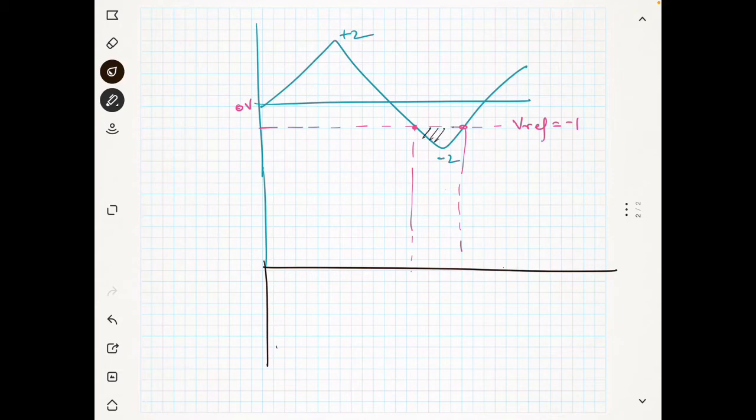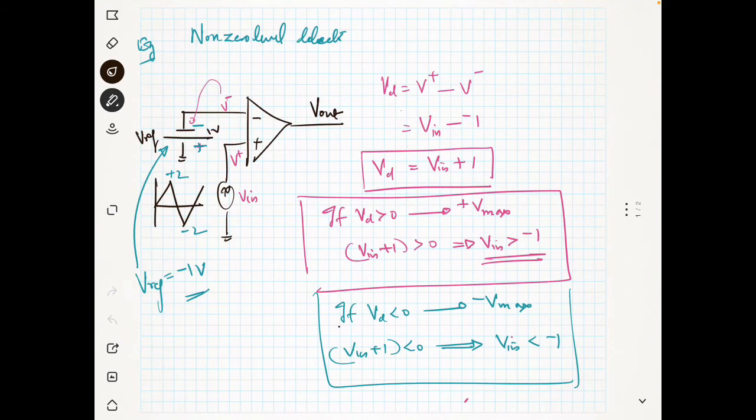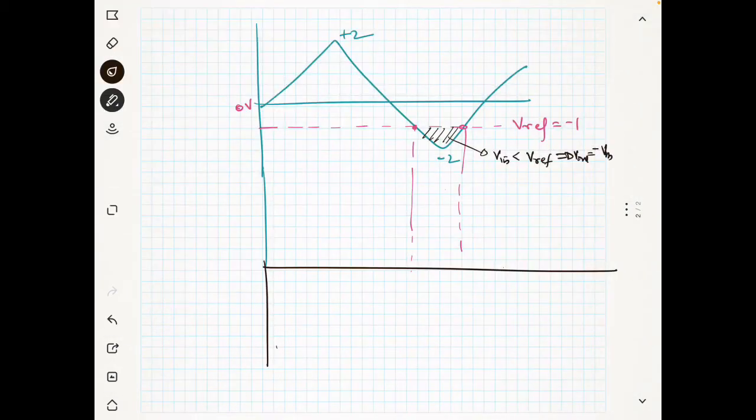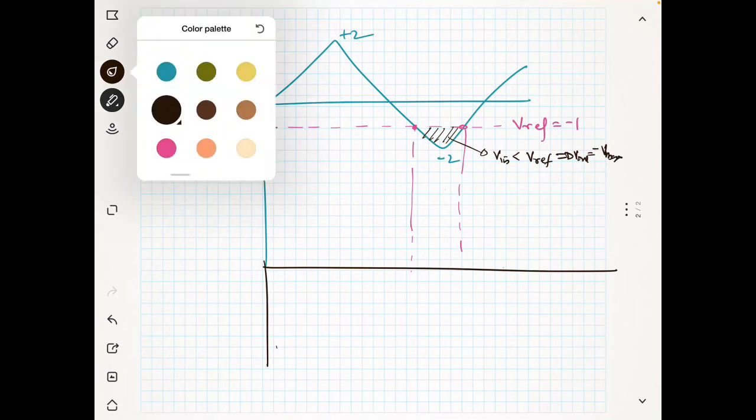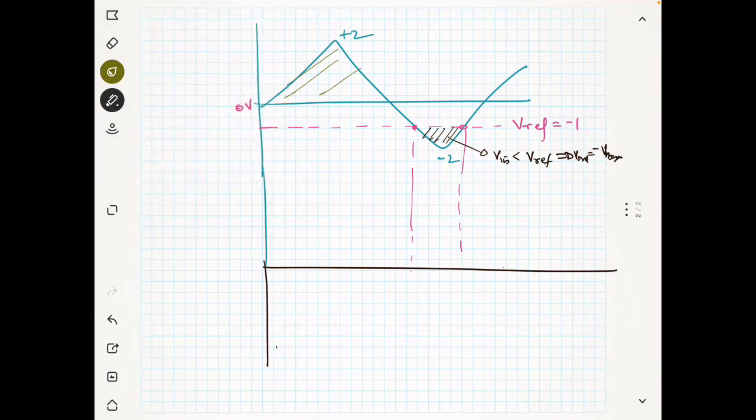For these points, your V in is less than V reference, which implies V out is equal to minus Vmax. And throughout these points, V in is greater than V reference, so the output will be plus Vmax.